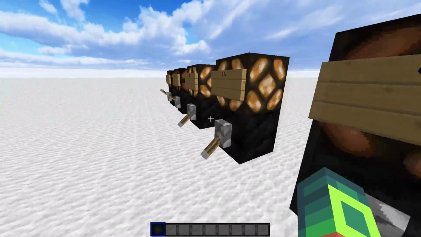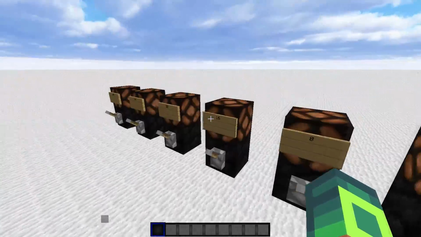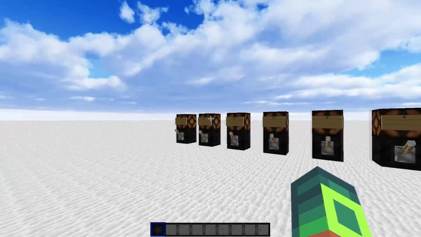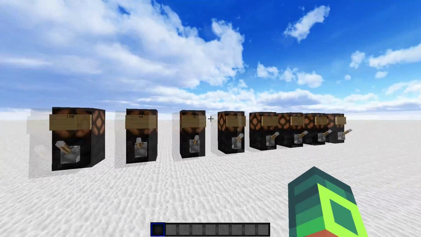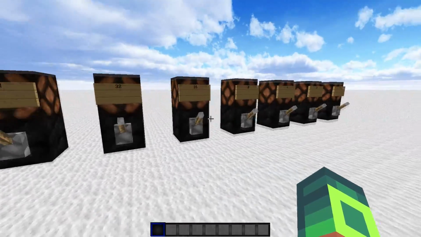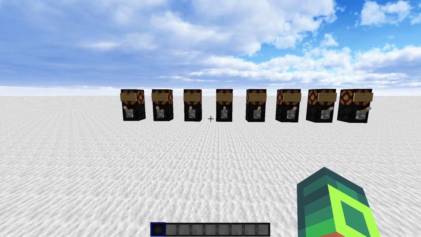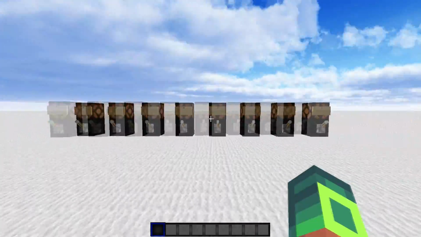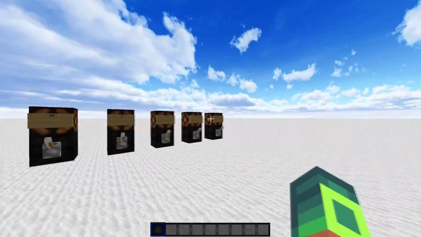Now another thing is you can easily calculate all the combinations of the numbers possible. So here we have 8 bits, and 2 to the power of 8 is 256, and that's exactly how many combinations there are possible with 8 bits.